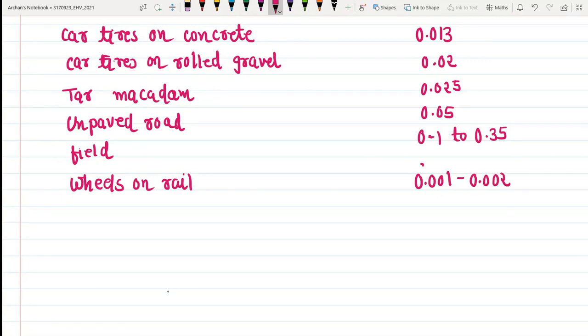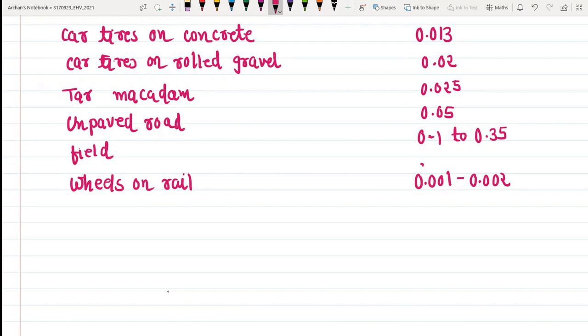So these are the different values, right? Now for fuel saving in recent years, low resistance tires for passenger cars have been developed, and their rolling resistance coefficient is less than 0.01.